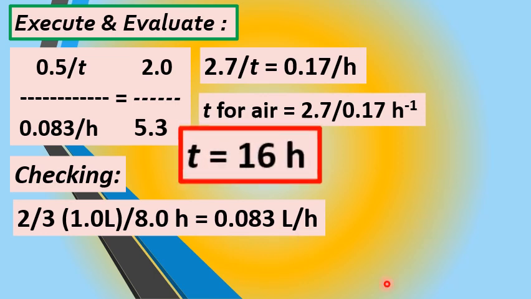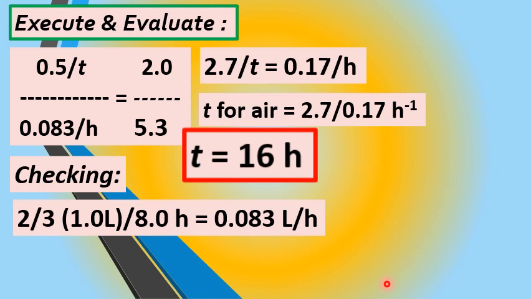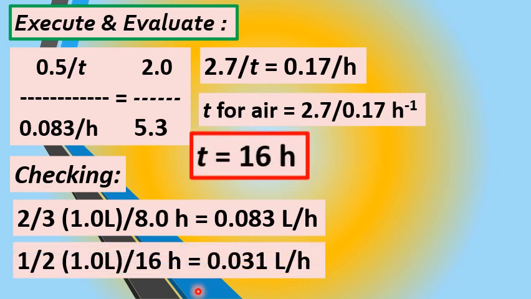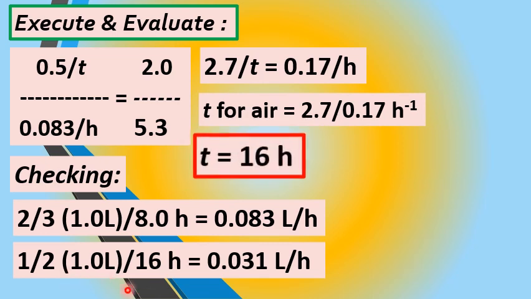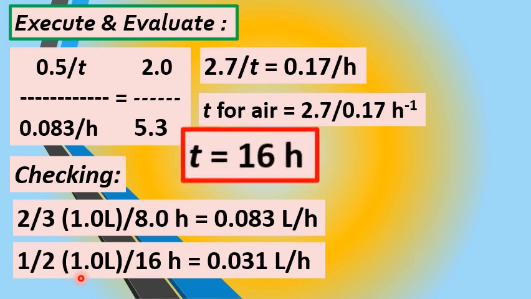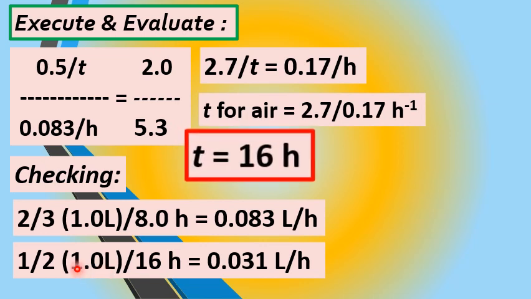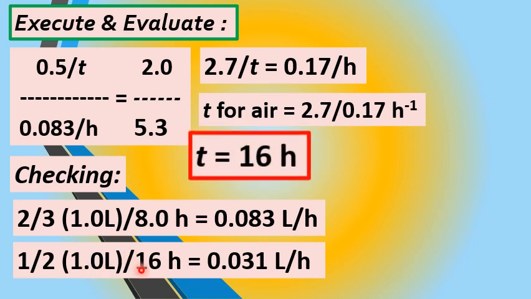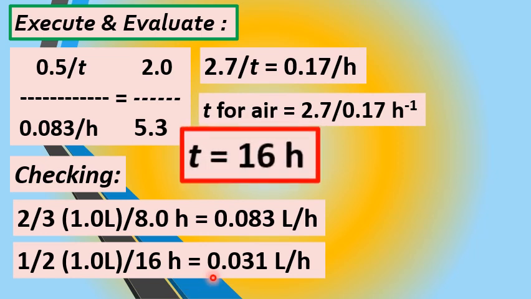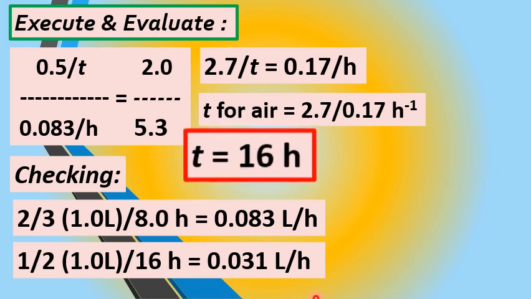Likewise for the air-filled balloon, the rate of effusion for air is 1/2 multiplied by the same assumed volume, 1.0 liter, divided by the computed time of 16 hours. So we will get the rate of effusion for the air equals 0.031 liter per hour.